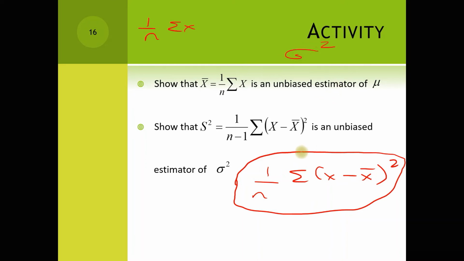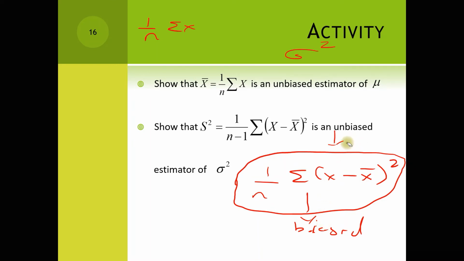But you will see that if you were to do this, there would be a small problem. The problem that you have with this estimator, with that rule or that formula to estimate sigma squared, that is this point estimator, is that it is a biased estimator. It is a biased estimator.